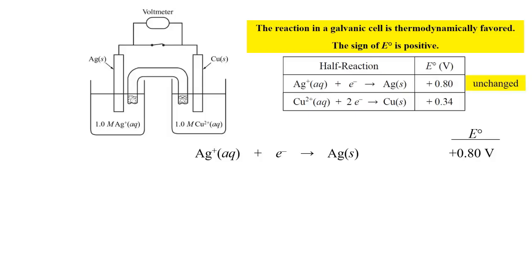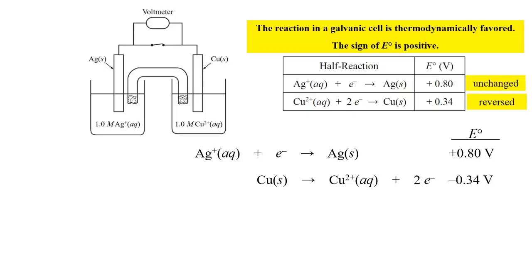But since I didn't reverse or change the silver half reaction, I'm going to reverse the copper half reaction. You can't have 2 reduction half reactions. You can't have 2 oxidation half reactions. You have to have 1 of each. So right now, silver is being reduced. And when I flip or reverse the copper half reaction, now copper is being oxidized.